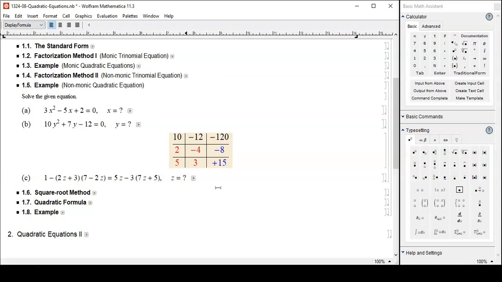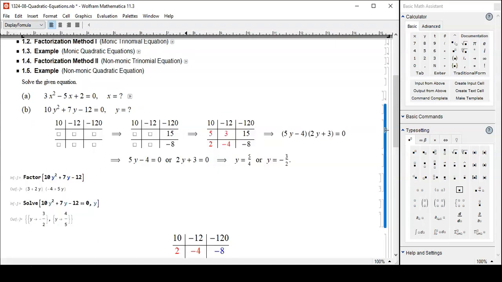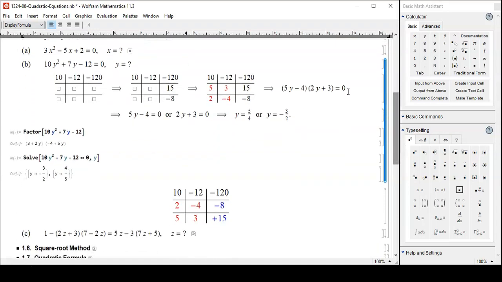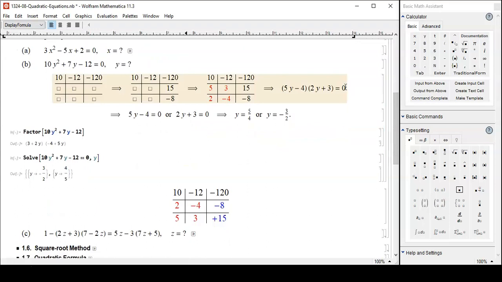All right? And then cross multiply. 2, 3, 5, -4. Here we go. 2, 3, so 2y plus 3, and 5, -4, 5y minus 4. So we get either this is equal to 0, or that's equal to 0. Blue times red is equal to 0.